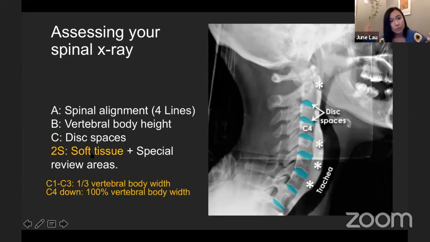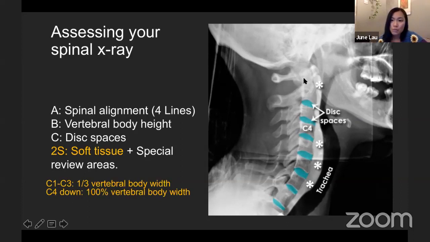And then we can move on to 2S. So I briefly mentioned soft tissue spaces in the C-spine, and this, I think, is a rarely known point, but it's good to remember your pre-vertebral soft tissue space limits.